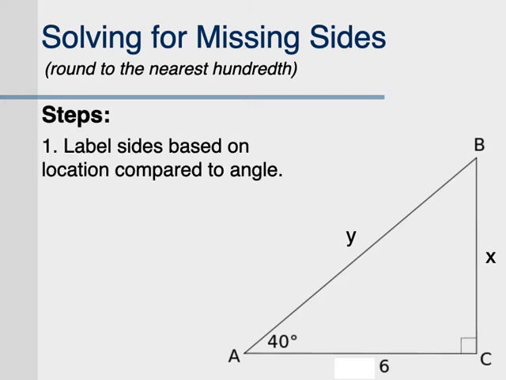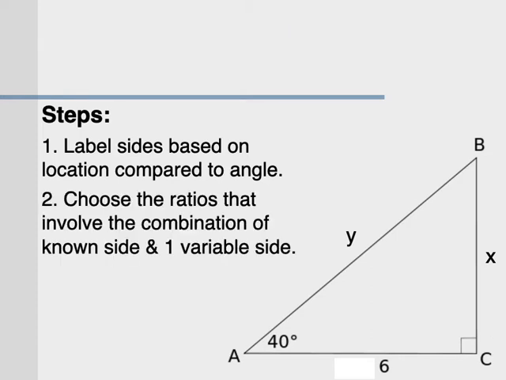So for step 1, copy this down. Step 1 is to label each side based on its location compared to angle. In other words, label the H, O, and A sides just like you did on page 1. That's how you start the problem. Step 2 is to choose the trig ratio that involves a combination of the known side and one variable side.